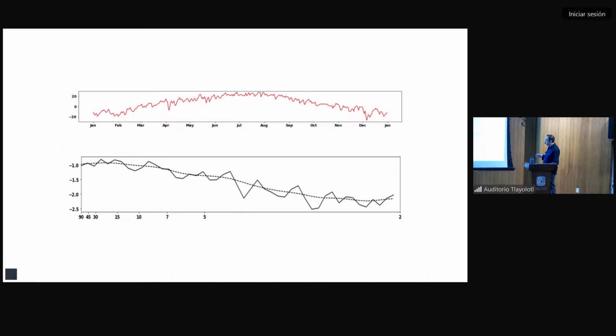There are some spectral peaks in this time series that are telling us that to explain this time series, there are some kind of oscillations that are in very, very specific periods.